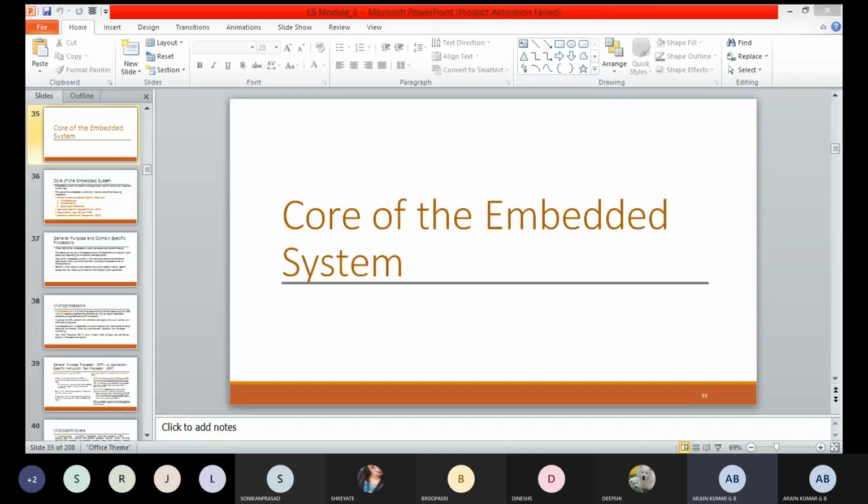Rupashri. Subramania Reddy. Present, sir. Sonika. Present, sir. Shreya. Jyoti. Present, sir. Venkat. Murthy. He is present, sir. Present, sir. Rameshri.